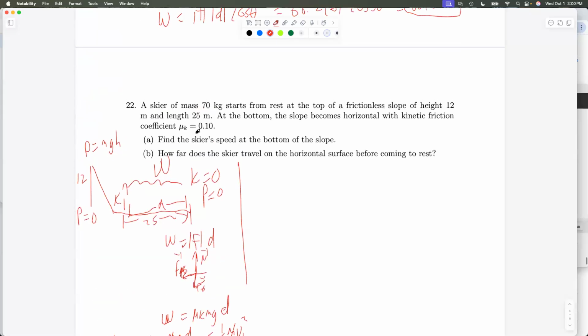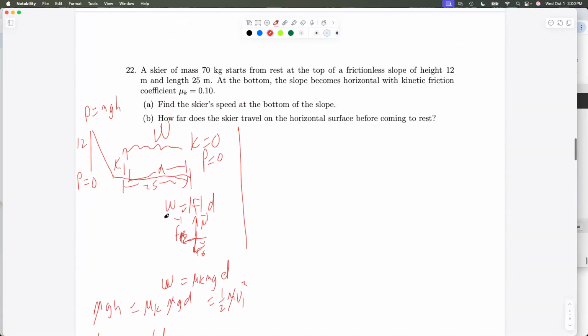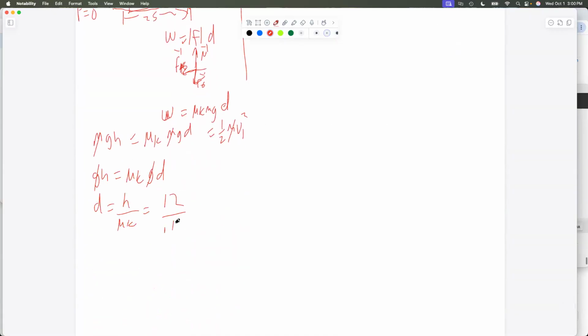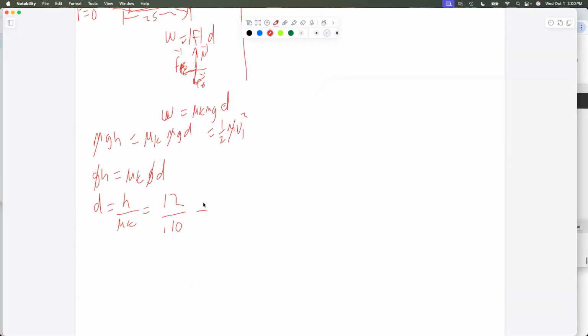What's h? 12 over 0.10? Wait a minute, that seems like that's going to be further than 25. Then why did they tell us it was only 25 at 120 meters?